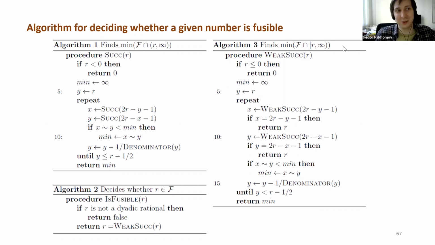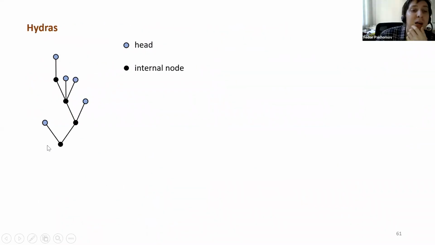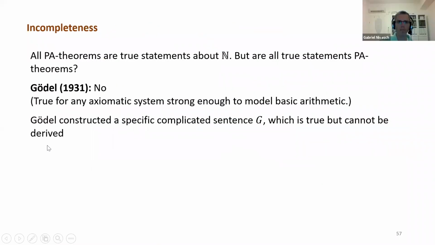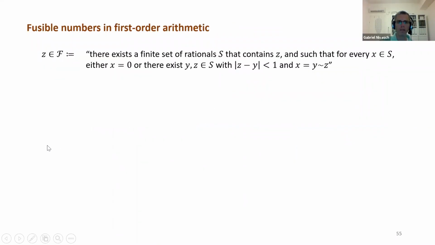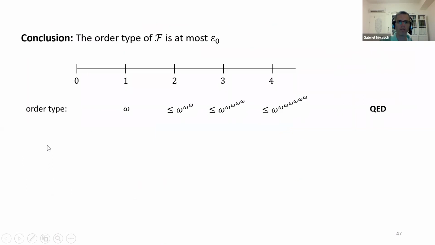Do you really need a tower of four omega exponentials, or could you get away with, say, a tower of two?